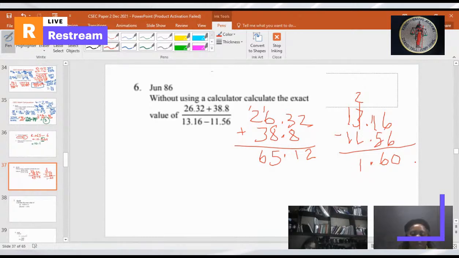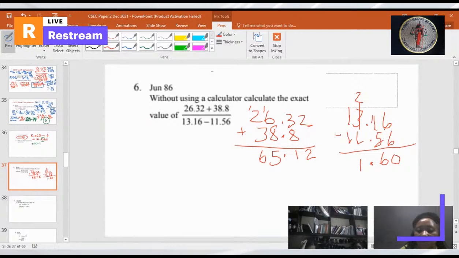All right. So we're dividing this by this, and they said without using a calculator, and they want the exact value. So how are we going to do it? Miss, we're going to change it to a fraction. Would you have been able to divide it by the 160 though? Let's say we had the decimal.